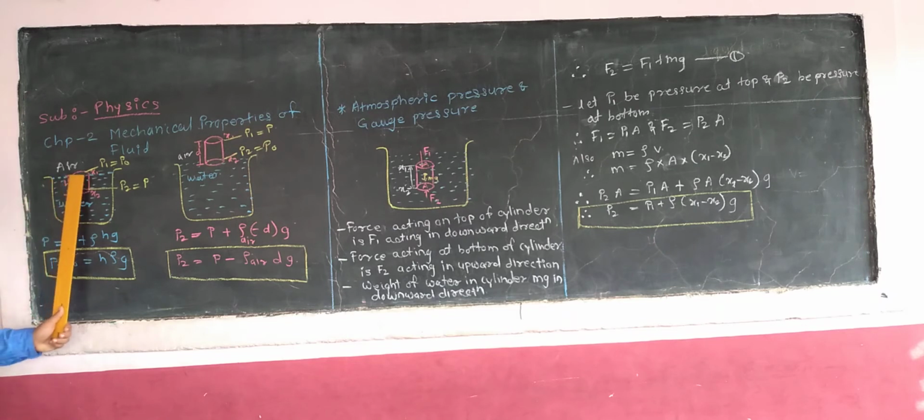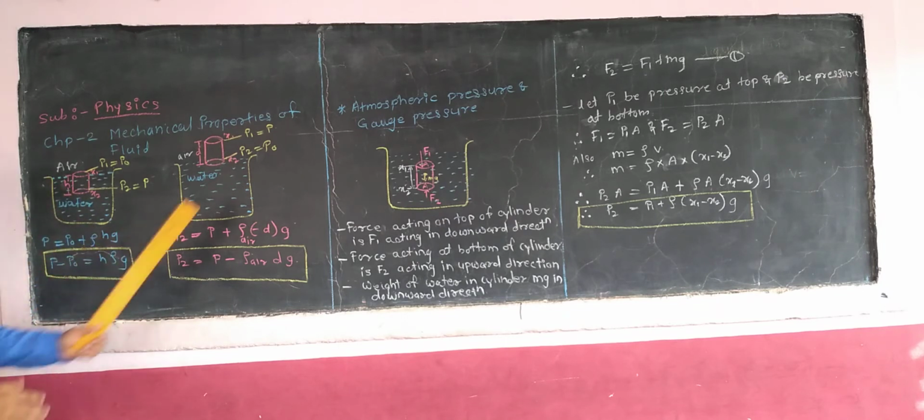When the top surface of the vessel or cylinder is on the surface of the water and the bottom is inside it, we get P minus P0, the difference in pressure, which is nothing but the height into the density of the liquid into acceleration due to gravity.